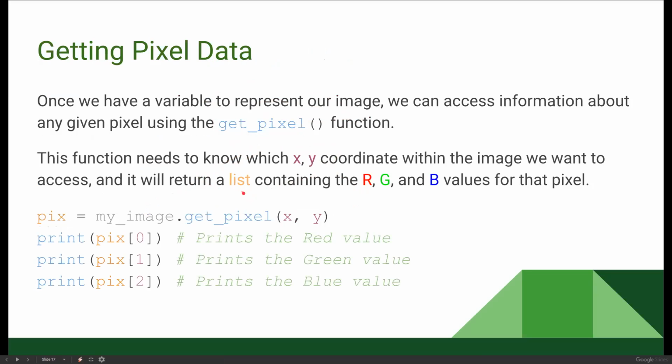And it will return a list of the R, G, and B values for the pixel. So I can say my variable pix equals my image.getPixel from the coordinate x, y, and then pix at index 0 is the red value for that pixel, pix at index 1 is the green value, and pix at index 2 is the blue value.